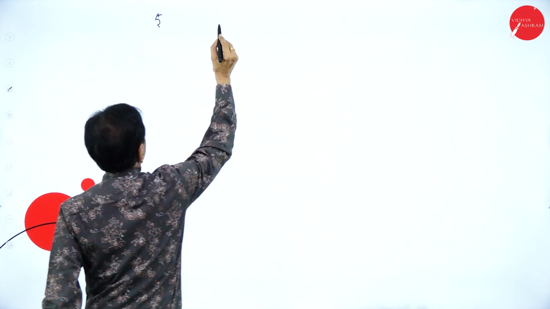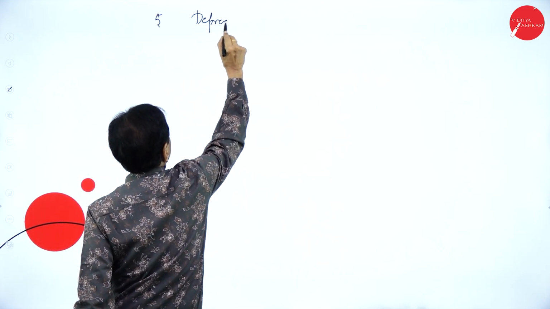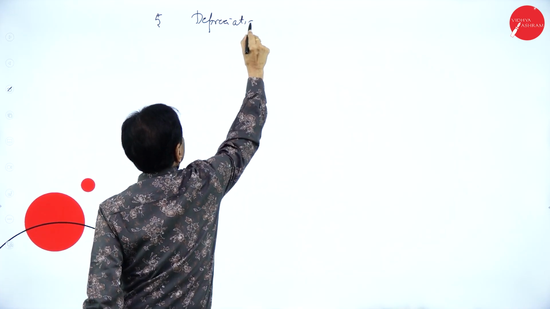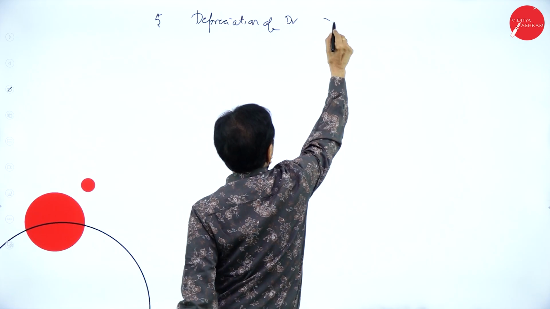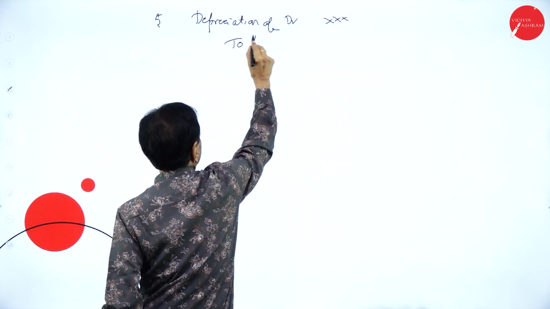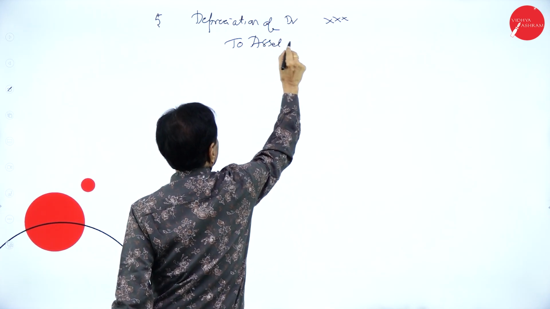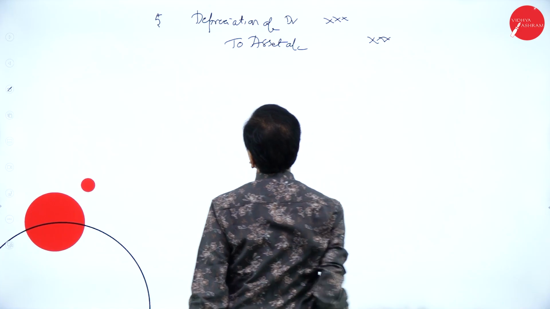Number 5, depreciation account debit to asset account, being depreciation.